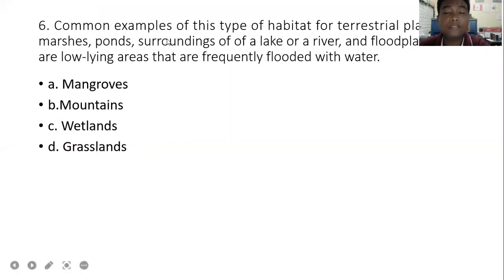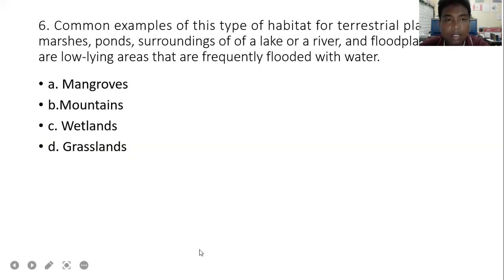Okay, common examples of this type of habitat for terrestrial plants are marshes, ponds, surroundings of a lake or a river, and floodplains that are low-lying areas that are frequently flooded with water.